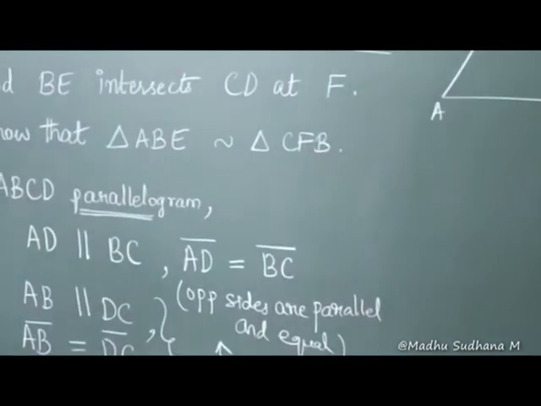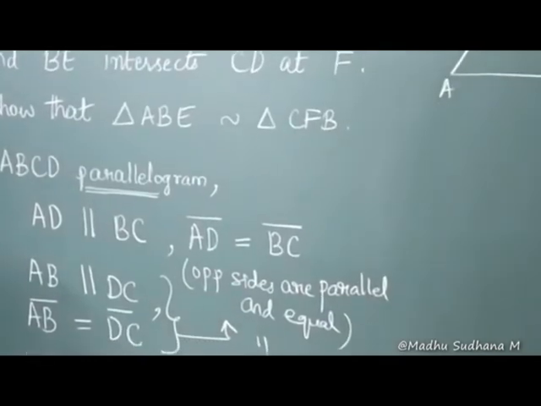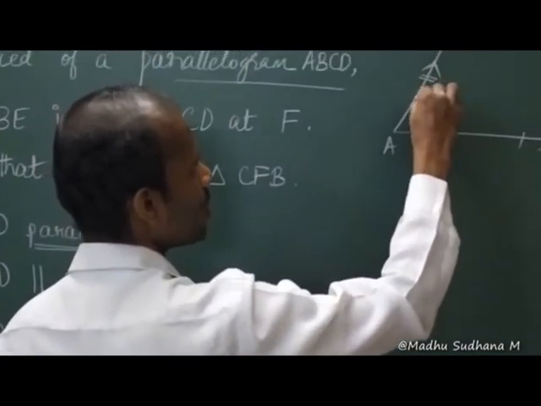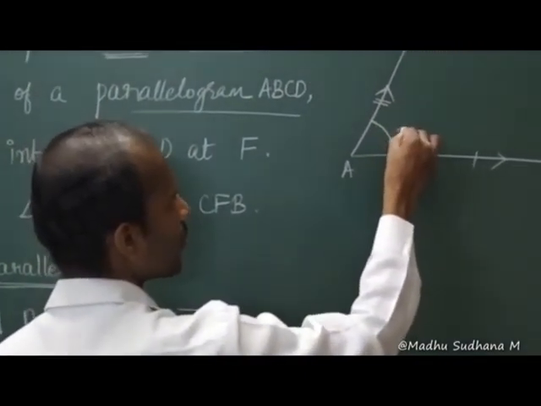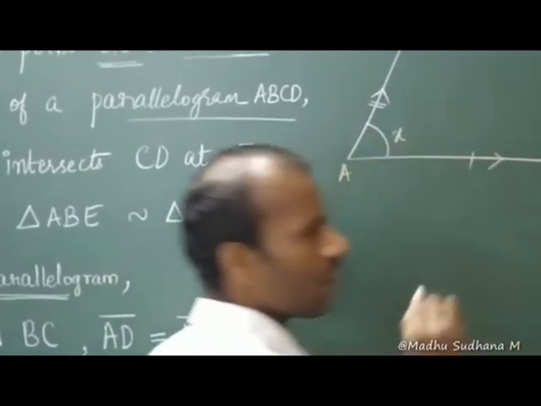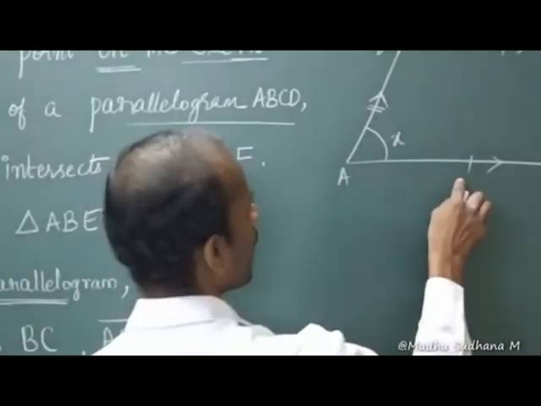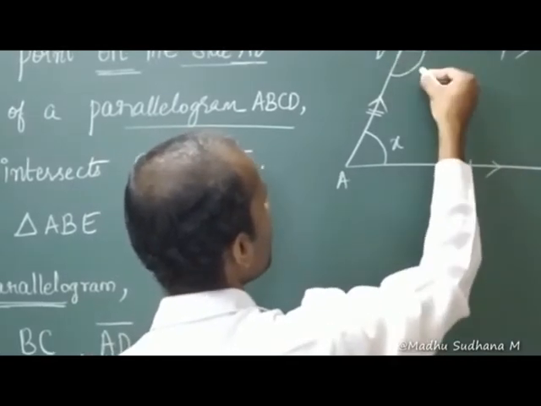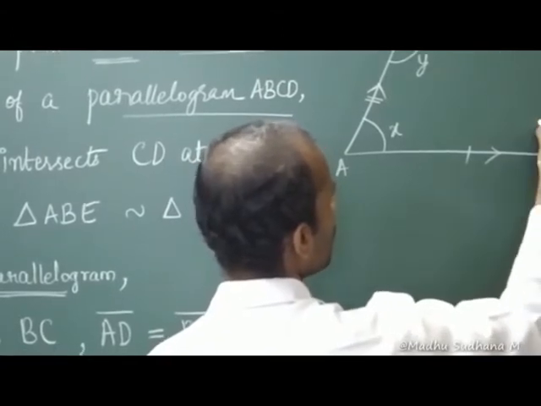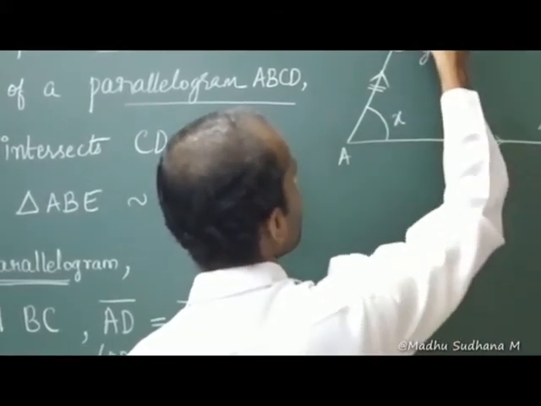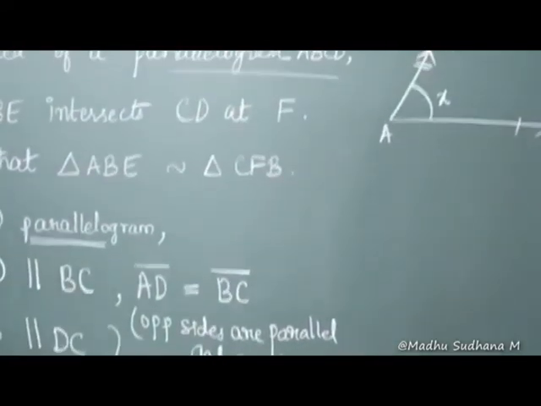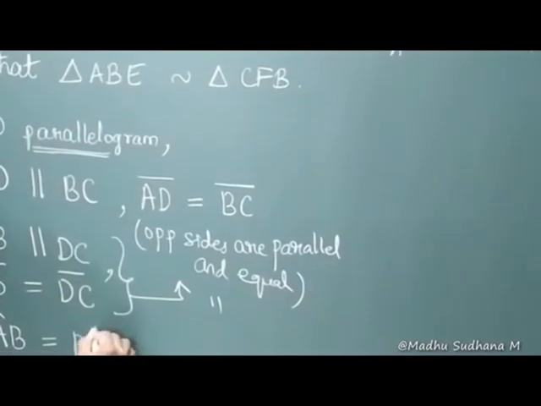Then see, in case of a parallelogram, the opposite angles are equal. So let me write angle DAB. Let me mention this angle. If this is, suppose, X, this angle is also X only. Followed it? And in case of a parallelogram, if this angle is equal to Y, this angle is also equal to Y. Followed it? Then I can write this angle DAB is equal to angle BCD, right?